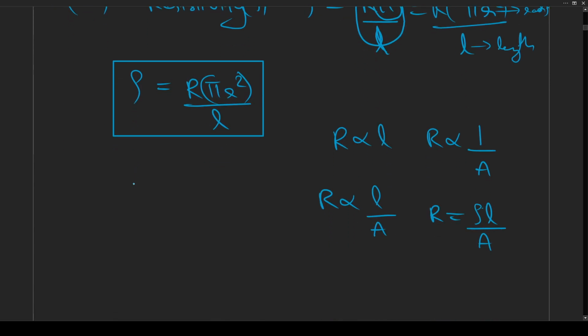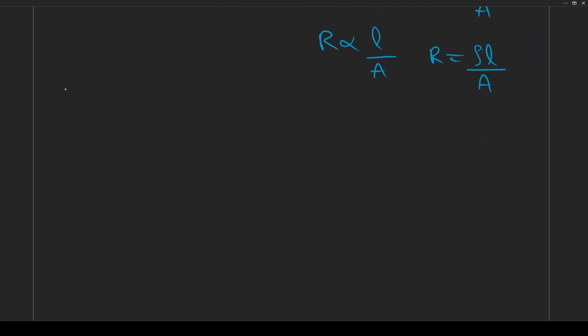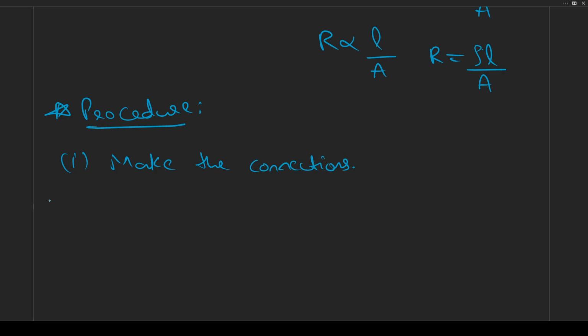Now coming to the procedure of the experiment. First step, make the connections as seen in the circuit. We adjust the rheostat. I told you, the rheostat is used to adjust the voltage and potential, and we will make a tabular column of different values of I and V, out of which we will calculate the resistance.